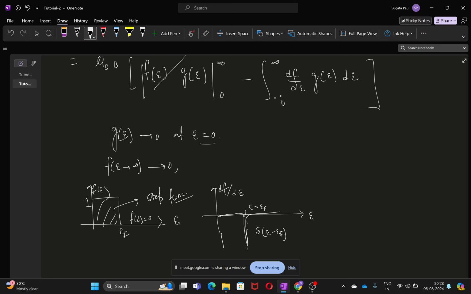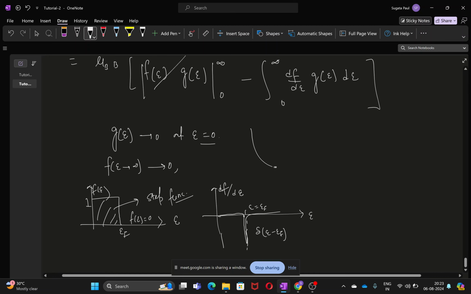So if you replace the Dirac delta function in this, the mu B term comes out, and it is 0 to infinity delta of E minus EF. Now this is minus delta because df/dE is a negative delta function, so this minus and this minus cancel out, making the whole thing plus: delta of E minus EF, g(E) dE.